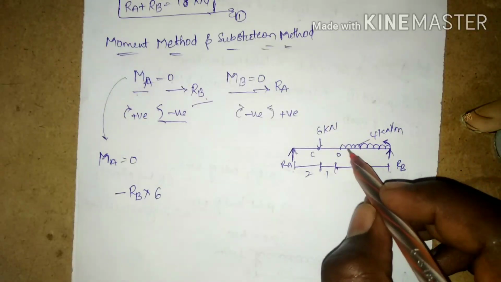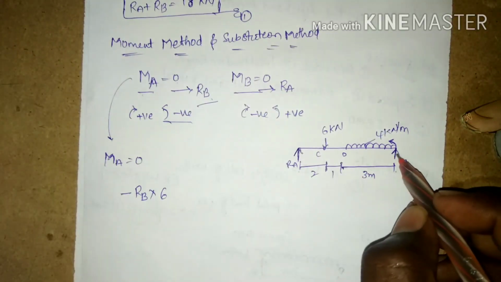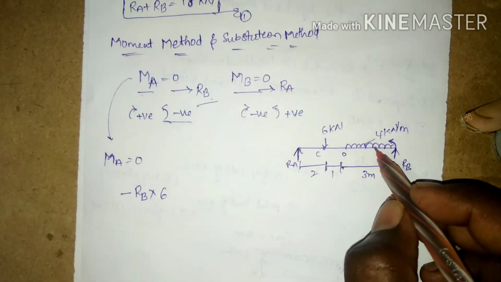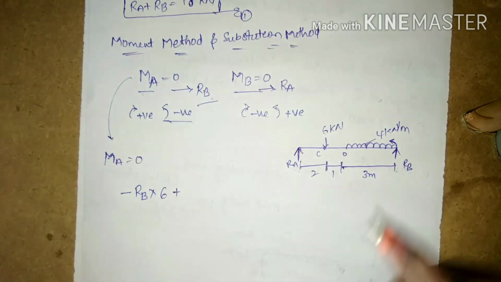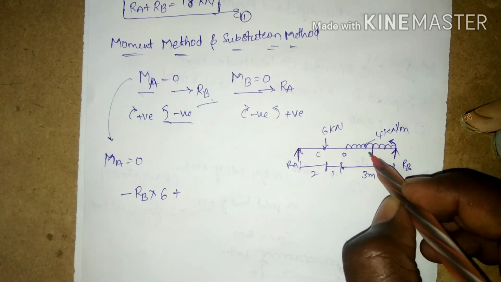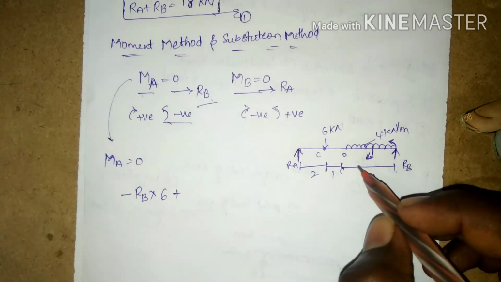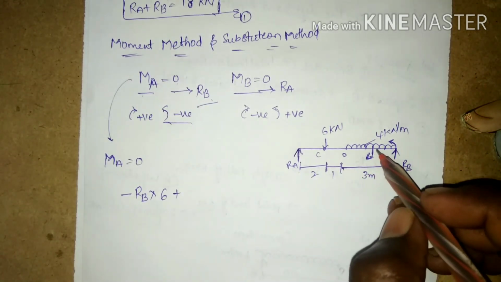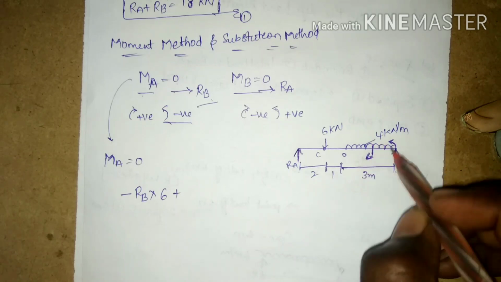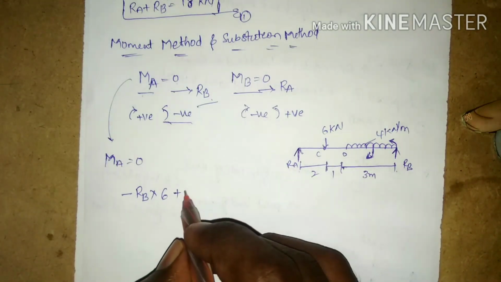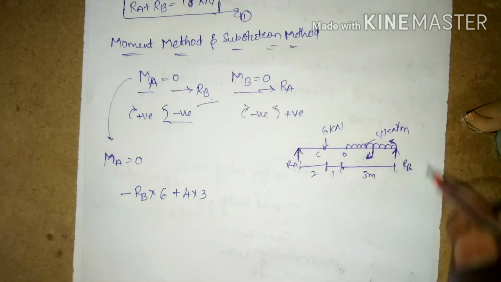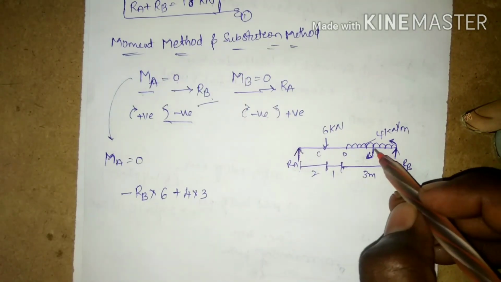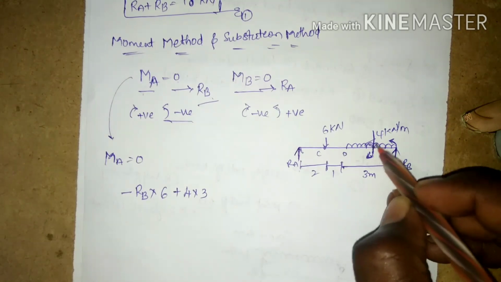And next we have a UDL after RB, acting in the clockwise direction, so positive. We have to convert this into a point load, 4 into 3, which acts at the midspan of the beam, that is 3 by 2.